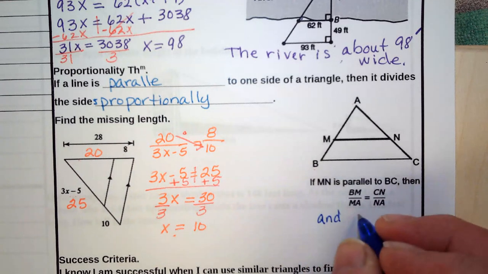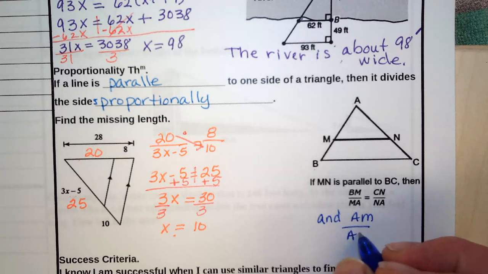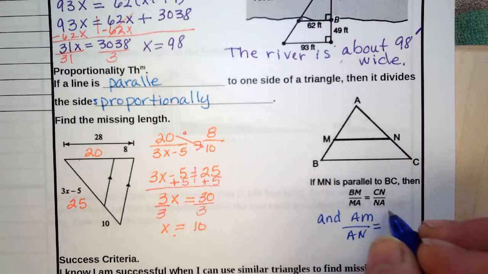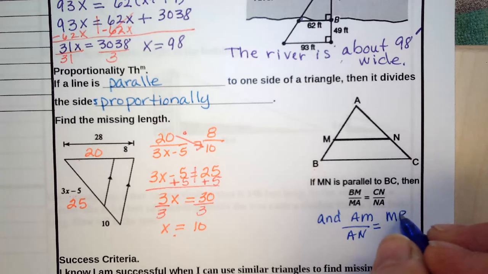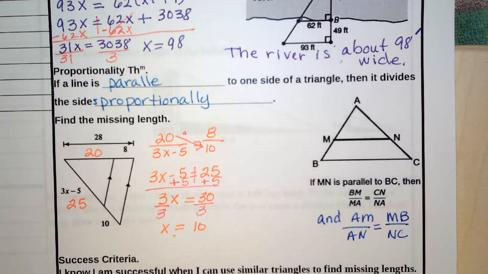And AM over AN is equal to MB over NC. Those are both equally used.